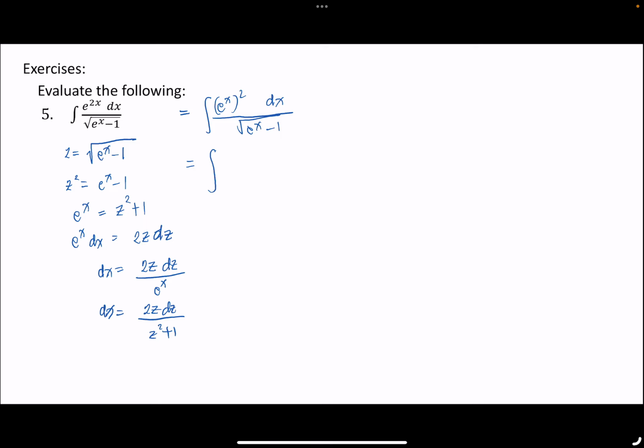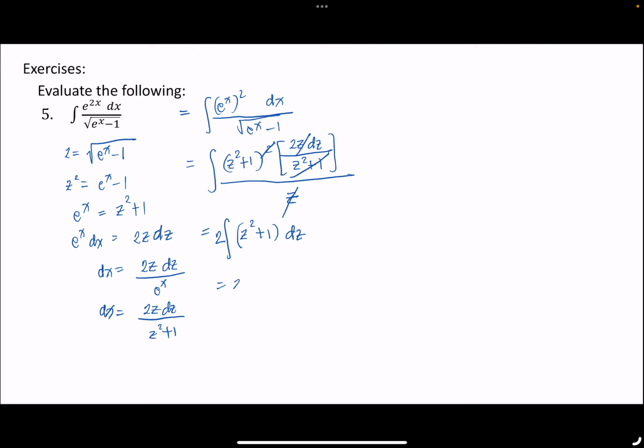So e to the x is z squared plus 1 squared times dx, 2z dz over z squared plus 1. So we cancel out one of those z squared plus 1. And then the denominator is z. So we can also cancel out this one. So we have the integral of z squared plus 1 times 2 dz.